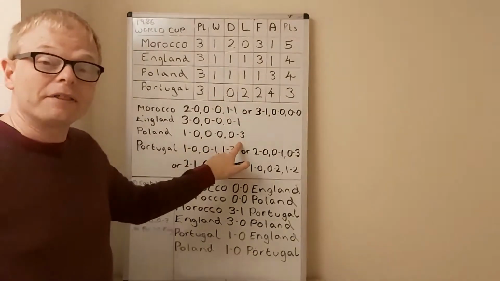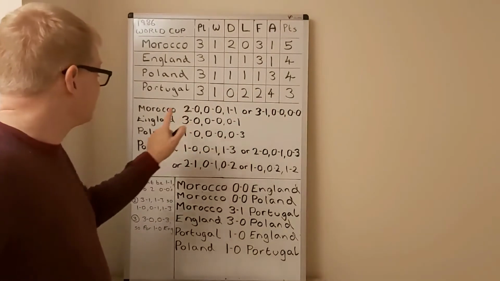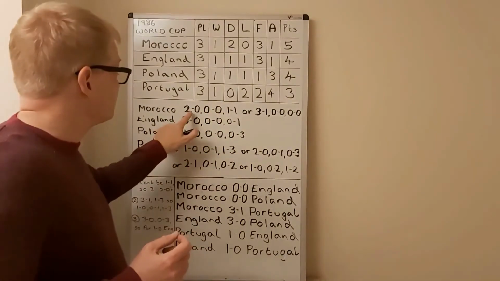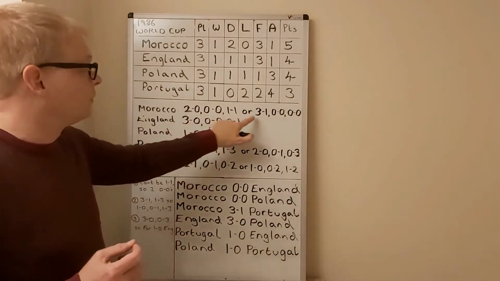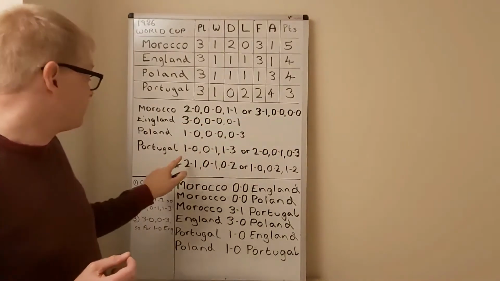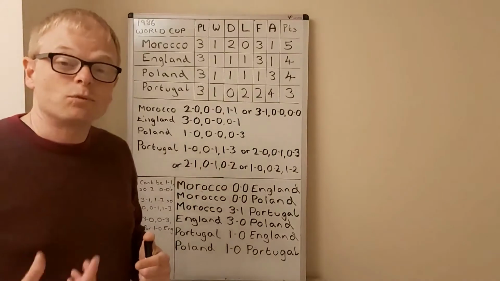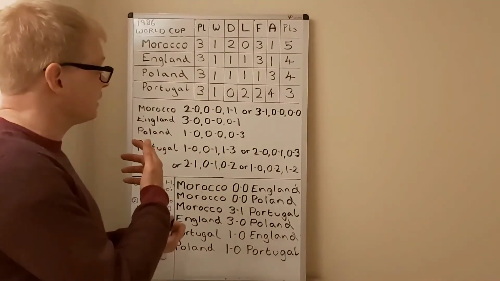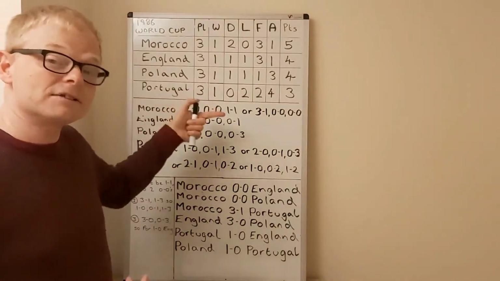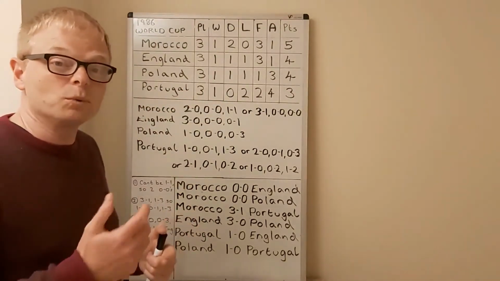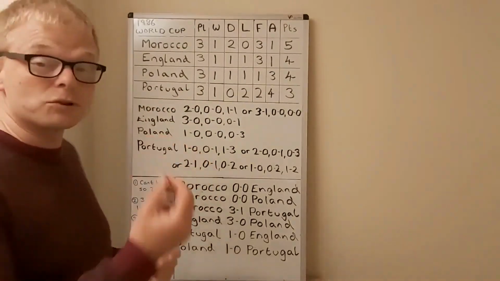So we knew that was their set of results. Now Morocco had 2 possible combinations that it could have been. So they could have 2-0, 0-0, 1-all, or 3-1, 0-0, 0-0. And then Portugal actually had 4 different combinations. So really it's a case of working through these and eliminating the sets of results that we know we can get rid of, because possibly 1 or 2 are impossible for those to occur.